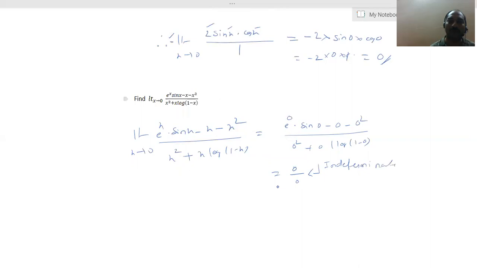Sir, here you may have a doubt. Here you get the 0 by 0 form, but you entered the problem in the infinity by infinity approach.